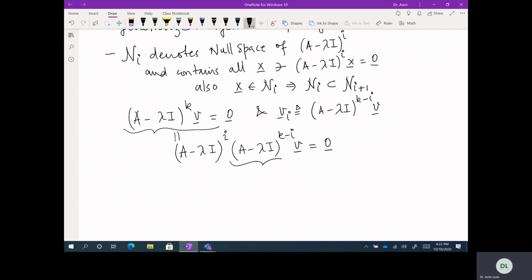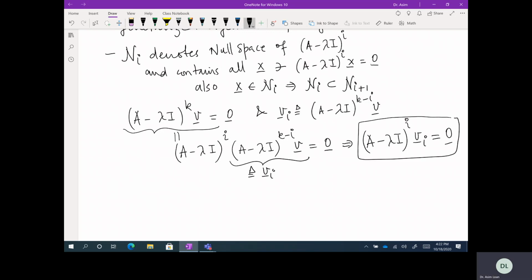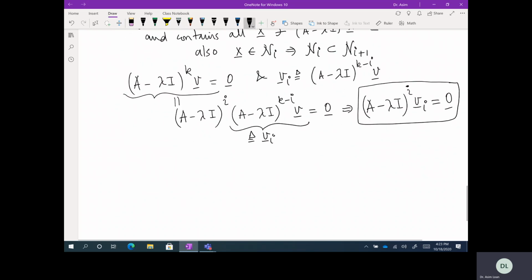But what is this thing? By definition, this is vi. So this implies A minus lambda I into vi equals 0. So this is how we are going to find vi. We keep on finding the null space of A minus lambda I raised to the power i, and then eventually somewhere we'll stop, and I'll tell you where to stop.